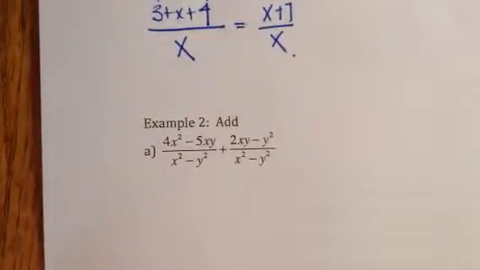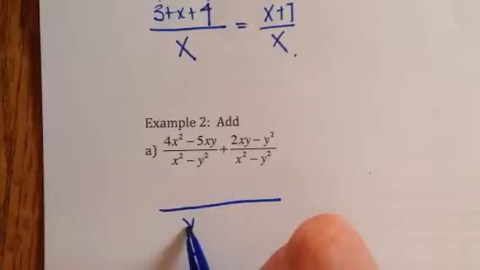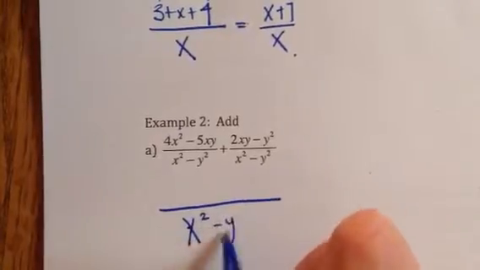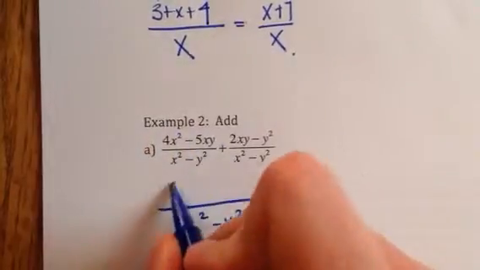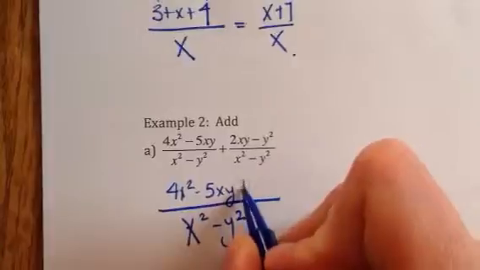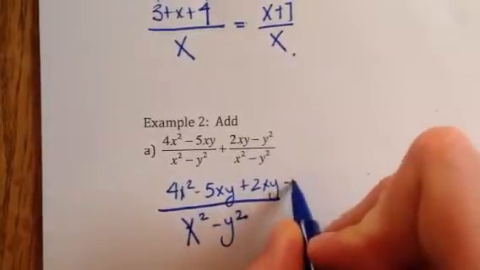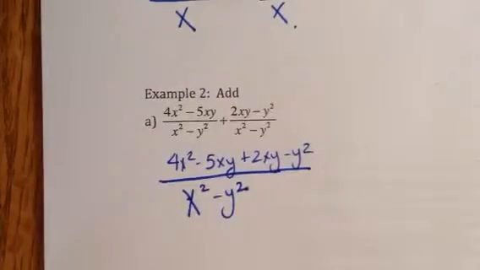Example number 2. I already have a common denominator, so I'm going to put one denominator, x squared minus y squared. Then I'm going to look to my numerator. I have 4x squared minus 5xy, and I'm adding 2xy minus y squared to it. I'm going to combine my like terms.